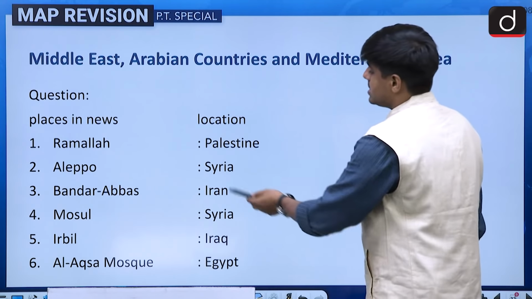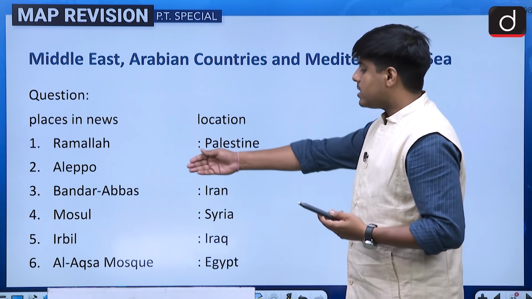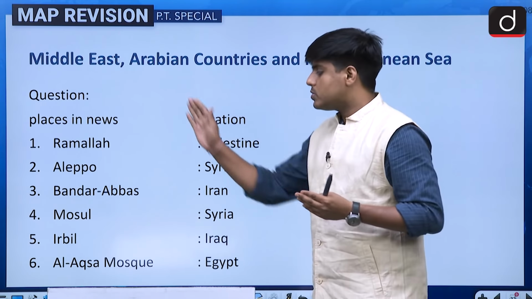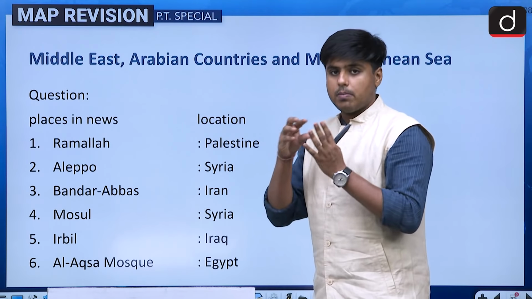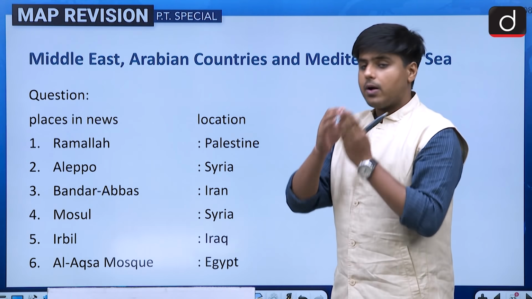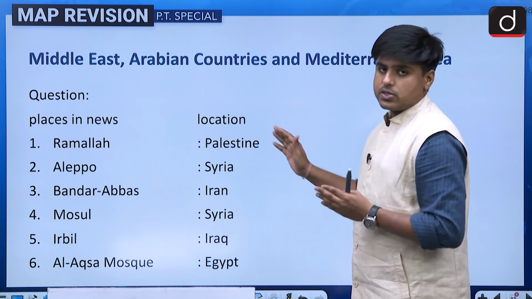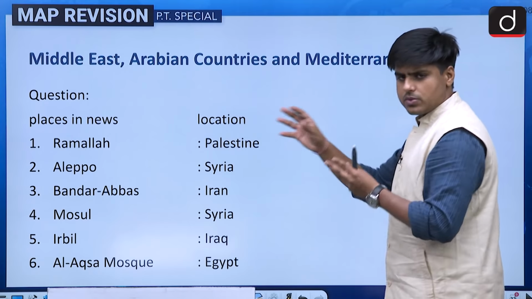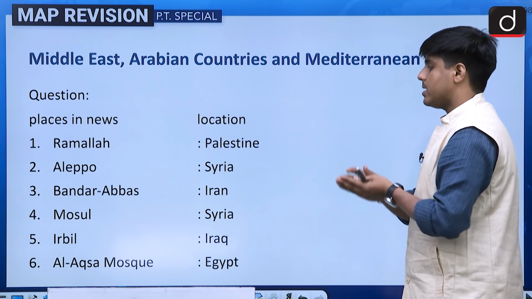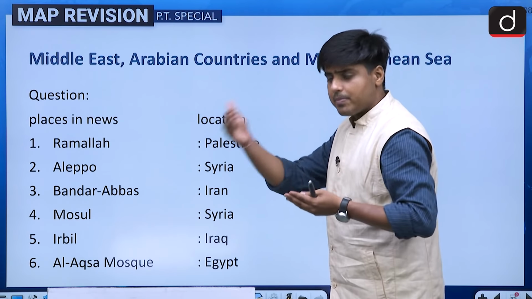Moving on further, certain important locations were in news. Again, you need not know all of these locations on the map. You need to know how to associate these locations with the country to which they belong, because they were in news due to specific incidents that were happening or have happened in those countries.